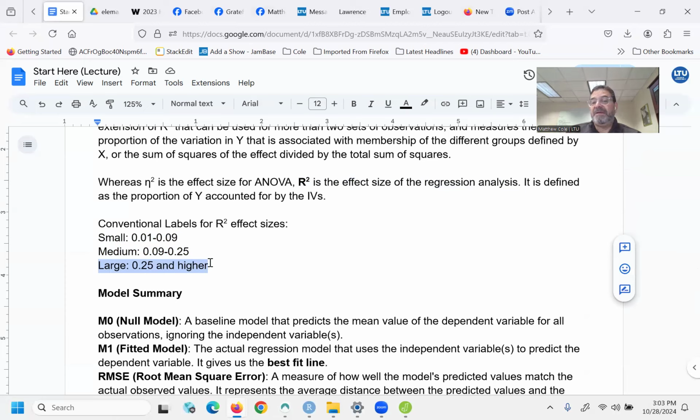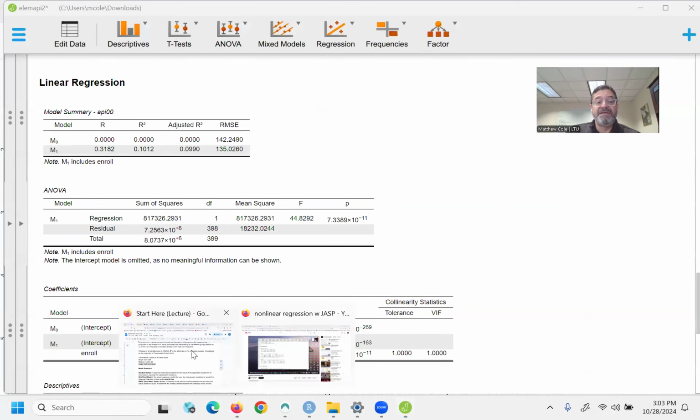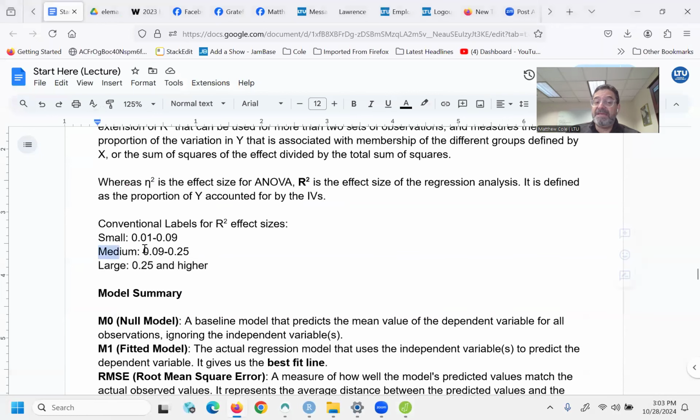And again, it's about being able to say that an independent variable or a set of independent variables explains a certain percentage of the variation in the dependent variable. In the case here, what did we find? We found R squared is about 10%. So what is 10%? 10% is about a medium effect.